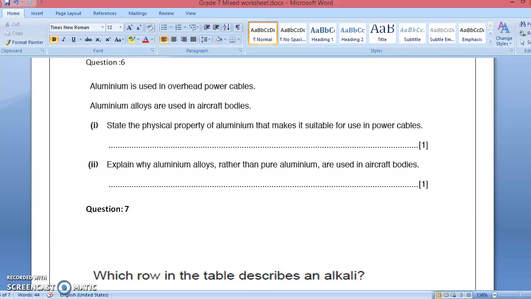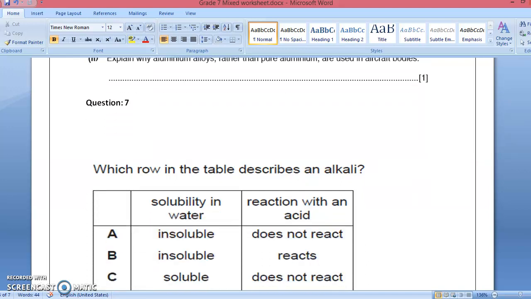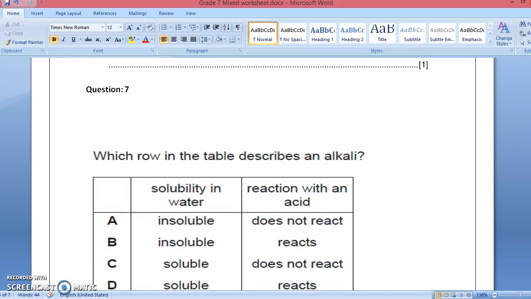Yes, and they are also very capable of tolerating high temperature because we are using them to make aircraft, that is the aeroplanes. Plus, the alloys make it stronger. Yes, I hope it's clear. Now, if you have any doubt, please feel free to get back to me.